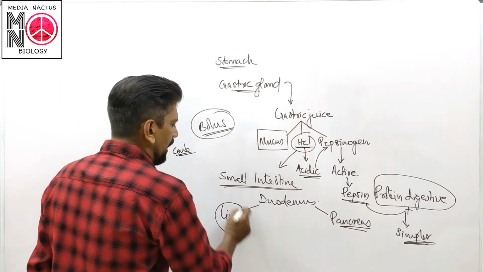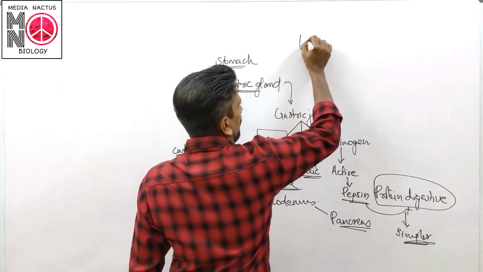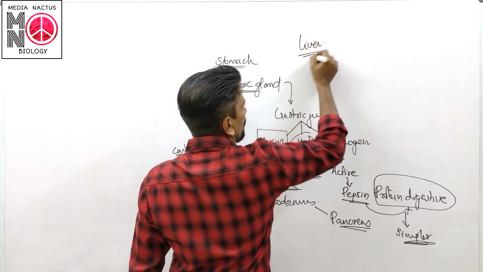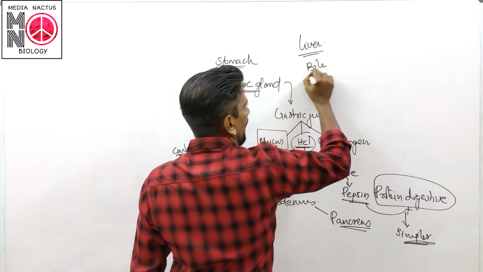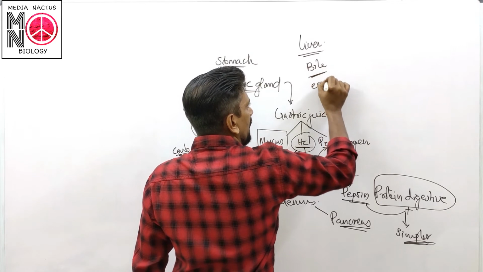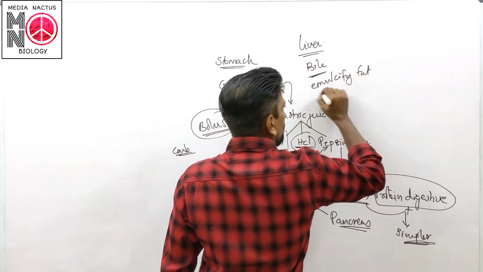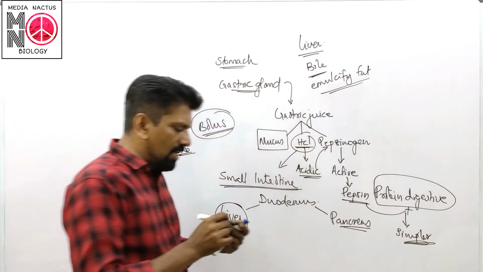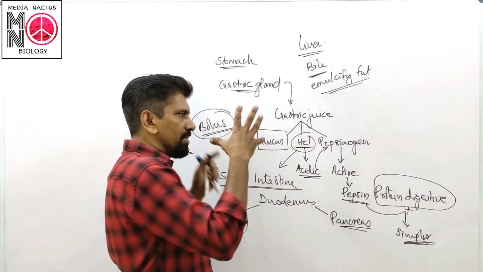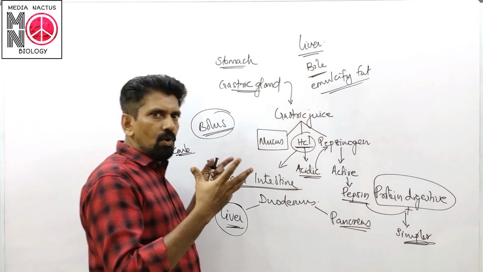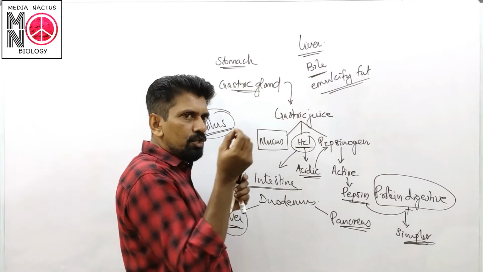The liver secretes what? Bile. It helps to emulsify fat.